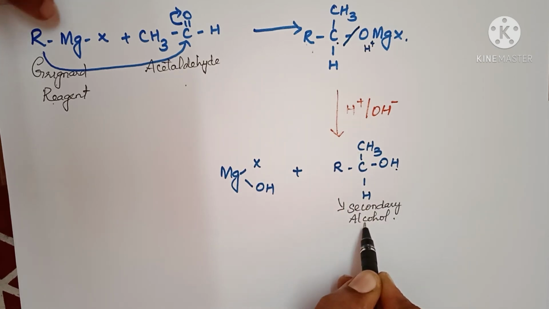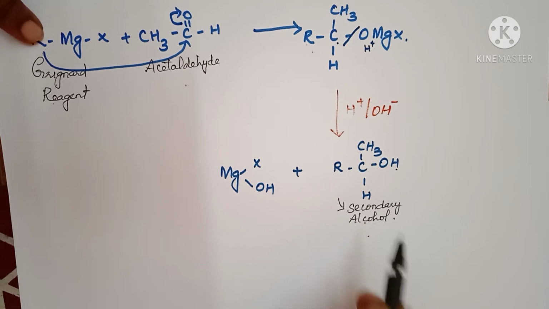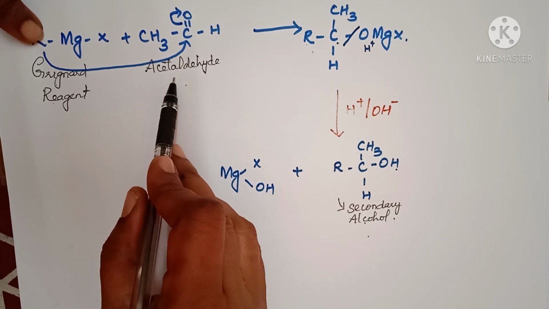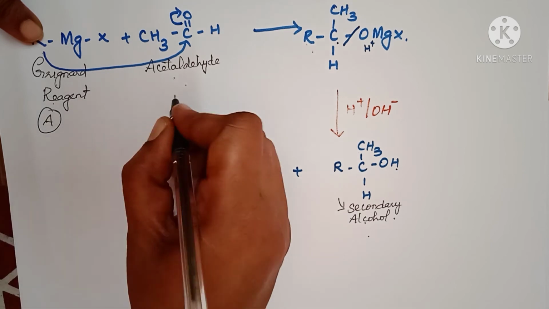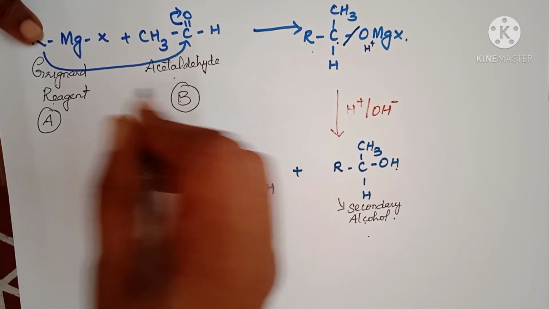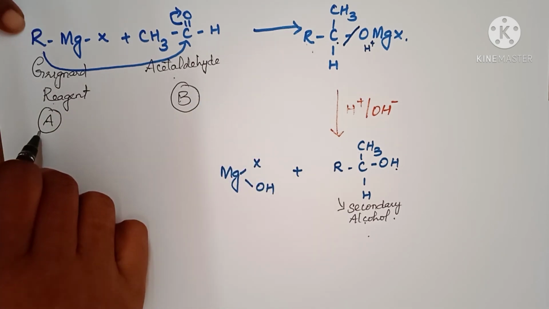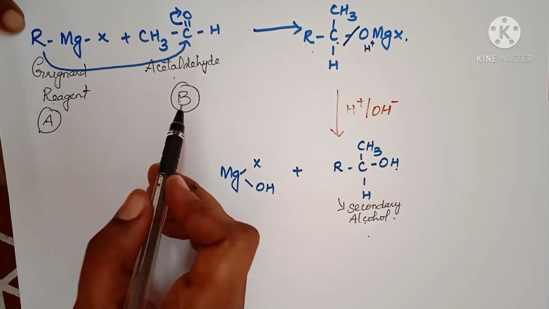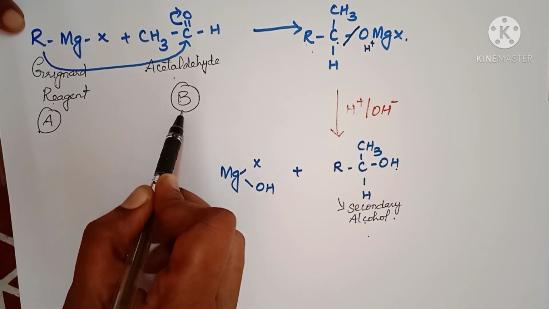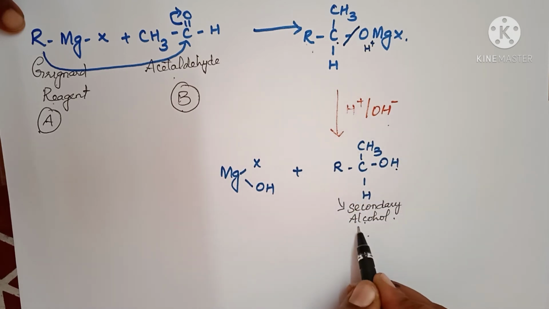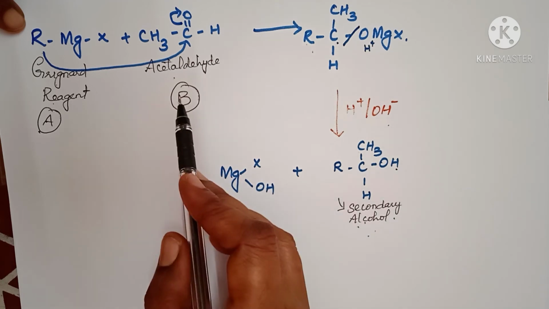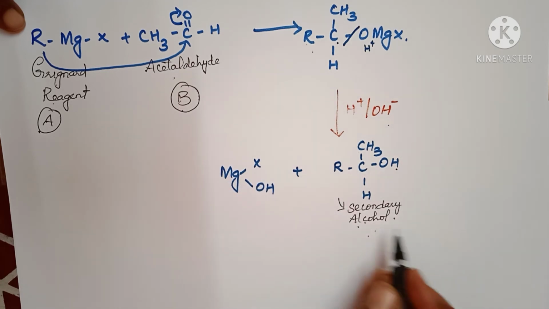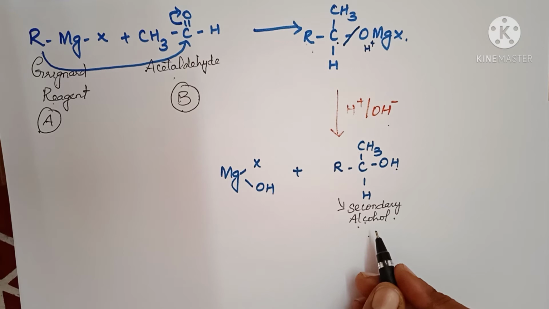Compound A is a Grignard reagent which is reacted with compound B. Through hydrolysis, we are receiving the secondary alcohol. What is compound B? Such kinds of questions are also available nowadays.